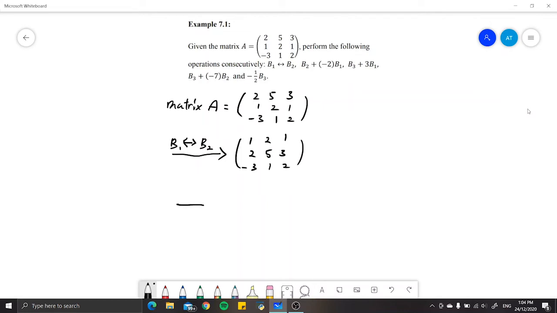Okay, so for the second one, it's R2 plus minus 2R1. R1 is 1, 2, and 1. So if we multiply by negative 2, we'll have negative 2, negative 4, negative 2.